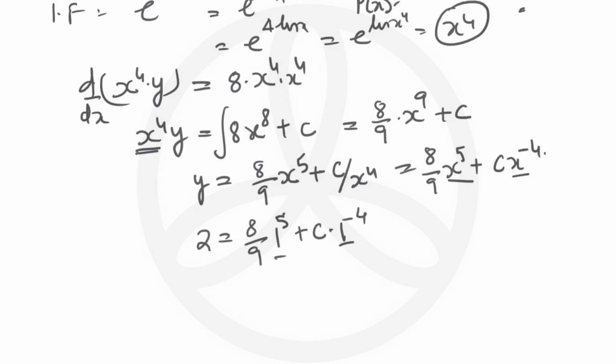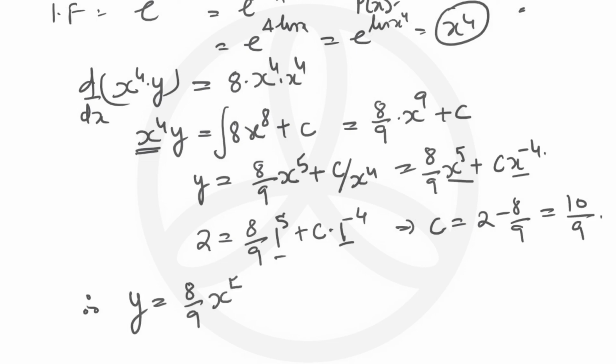Both of these powers will be 1, and c is 2 minus 8/9. This will be 10/9. Therefore, our final answer will be y is equal to 8/9 x to the power 5 plus 10/9 x to the power minus 4. Okay.